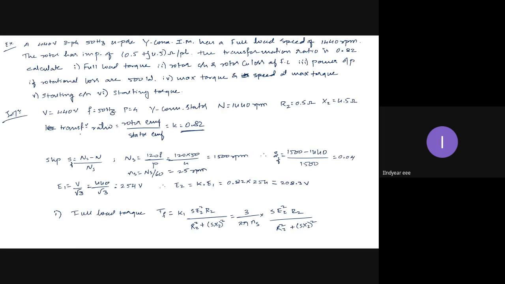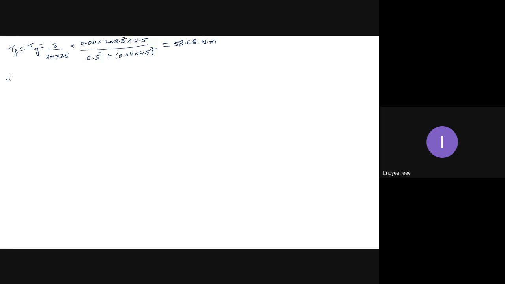Then the second point to be calculated is rotor current and rotor copper loss. Rotor current IR and rotor copper loss. Okay. So IR is equal to ER by ZR, which is S into E2 divided by under root R2 square plus S X2 its square. Okay.